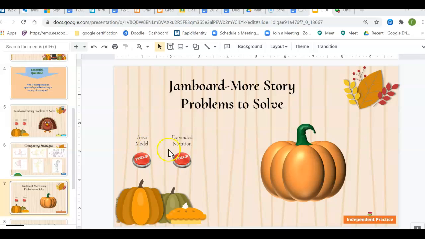And once again, if you need a quick review, or you forgot how to do the area model to solve division, you click right here on the help. If you forgot how to do the expanded notation for division, you can click right here on the help. But we are going to pull up in just a second the correct Jamboard for more story problems to solve.